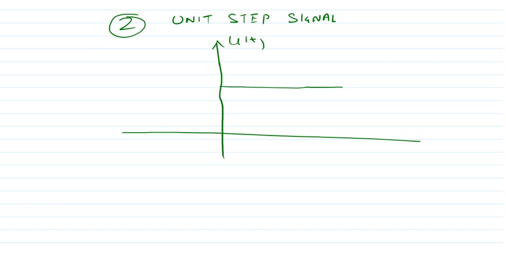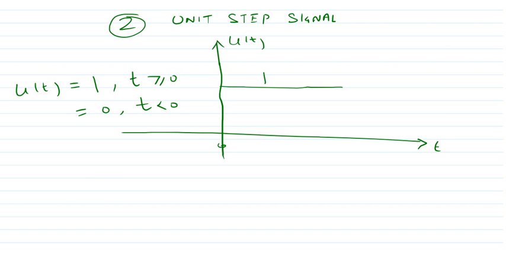So unit step is basically, how to define unit step? Unit step is basically u(t) equals 1 for t greater than or equal to 0. It is 0 for t less than 0.